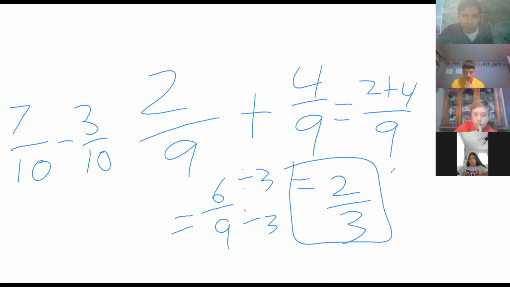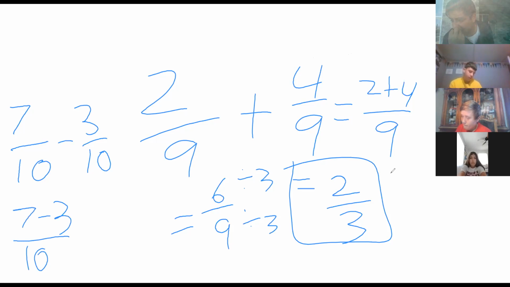Make sure the denominators are the same so we can subtract. So what would be our answer there? 4/10, that's right. 7 minus 3 is 4, and the 10 stays the same.